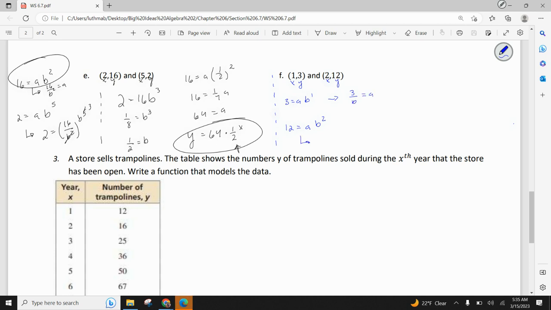We'll sub it into this one. 12 equals 3 over b times b squared. Cancel and have 12 equals 3b, which means b equals 4. Sub back into an original of our 2 equations.